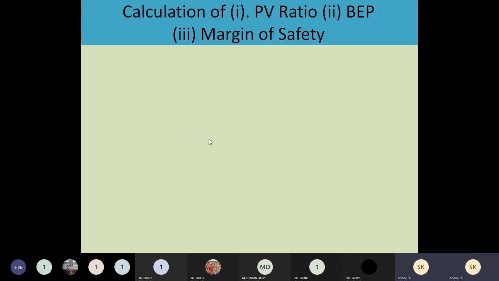How to calculate this? Let us do that. Before calculating this, you first take down the given information. What is the given information? Given sales is equal to 1 lakh and total cost is equal to 80,000, fixed cost is equal to 20,000. So here variable cost is missing, no?